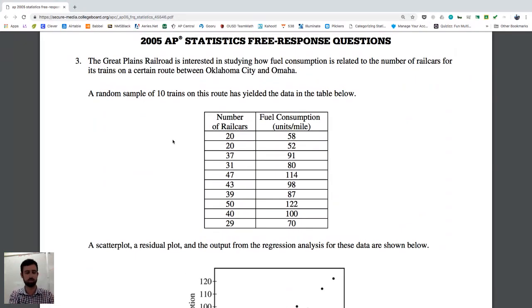Back in the day. Does your teacher, Jason, give you actual AP problems as part of your test? Yep. Awesome. So yeah, I do the 25 multiple choice individually, and then I give my students actual AP problems.